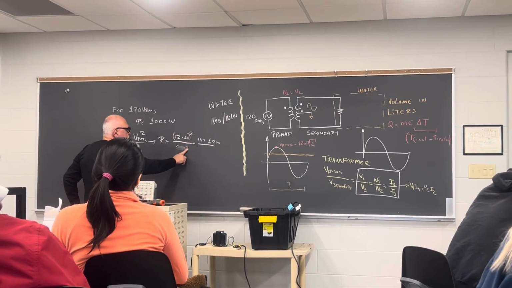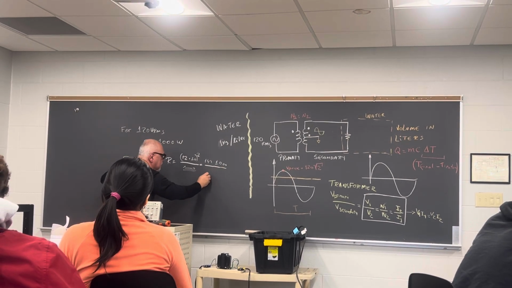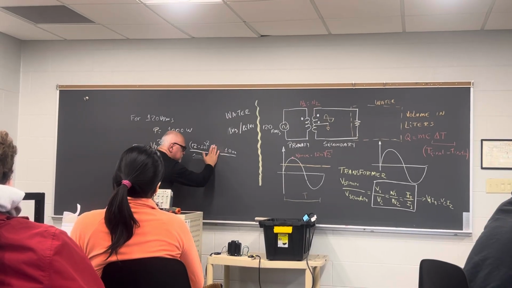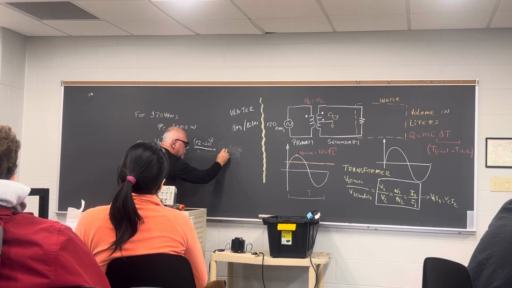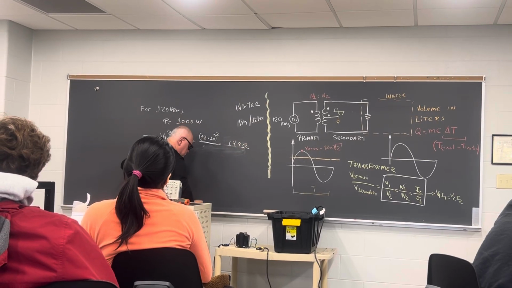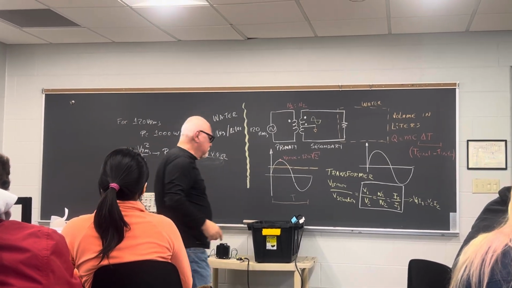I'm making a mistake somewhere. Okay, 144, that's right. So when you make this calculation, you have 14.4 ohms, that's what matters. So that's what we expect. I took the ohmmeter and I measured 14, okay?